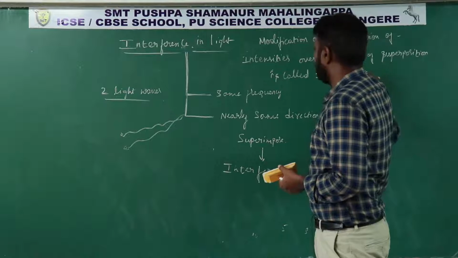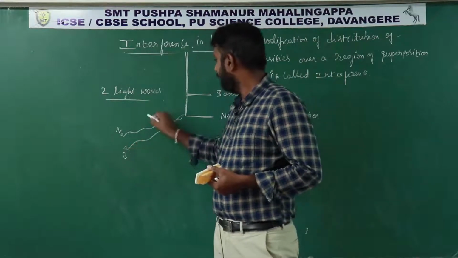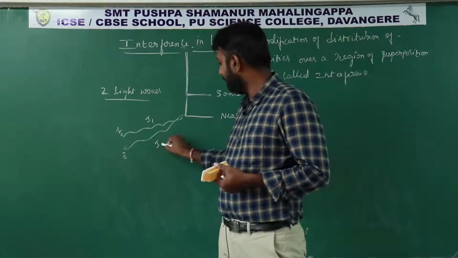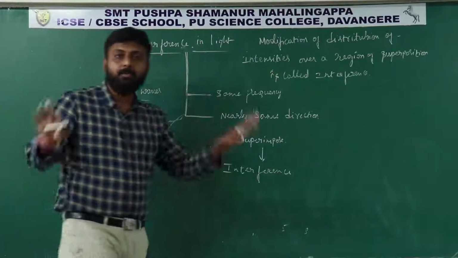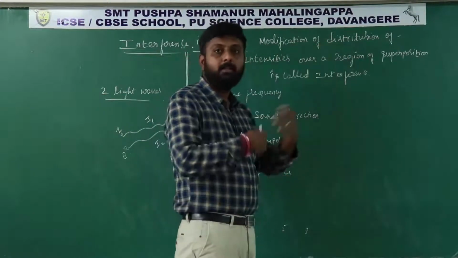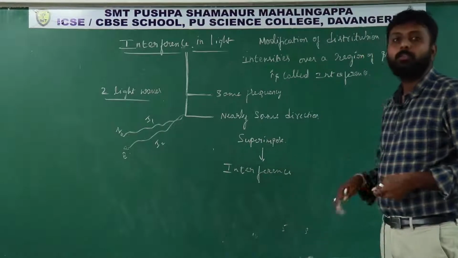That means for these two waves, one having intensity I1 and the other I2, the intensity will redistribute in a region. The modification of distribution means the intensity will redistribute over a region of superposition.